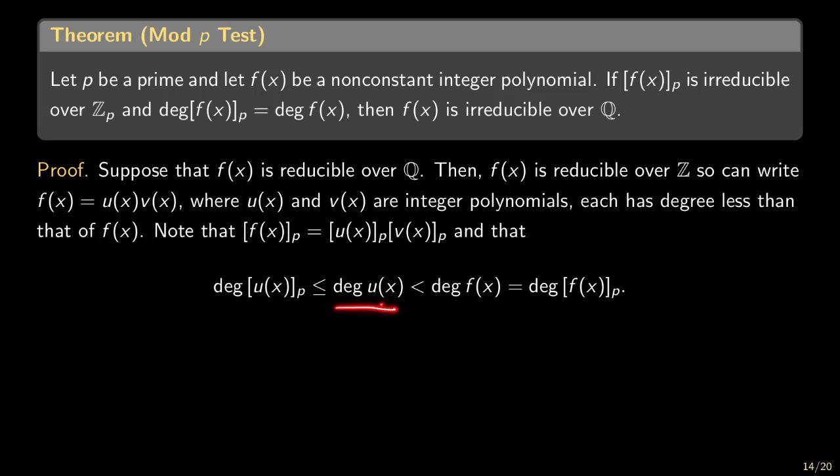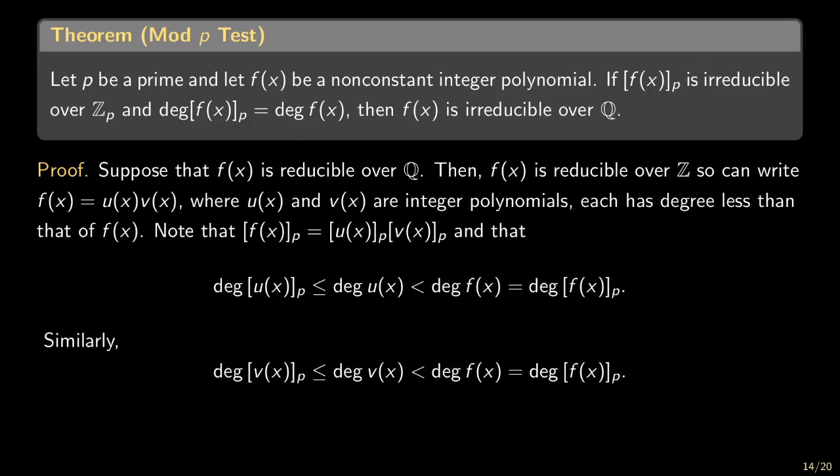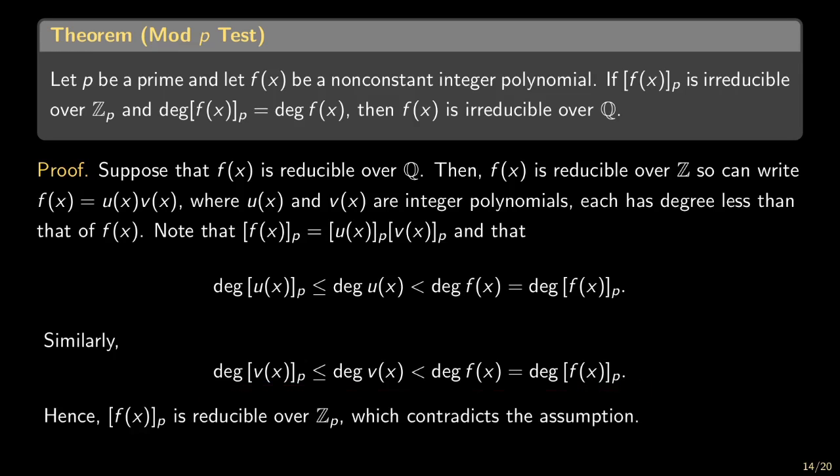Now, because this has degree less than f(x), and the degree of f(x) equals the degree of f(x) mod p by assumption, and similarly the same happens for v(x) because this is just the other factor. Hence, I was able to write it as reducible over Z_p, which contradicts our assumption that f(x) is irreducible over Z_p. Therefore, f(x) must be irreducible over Q.